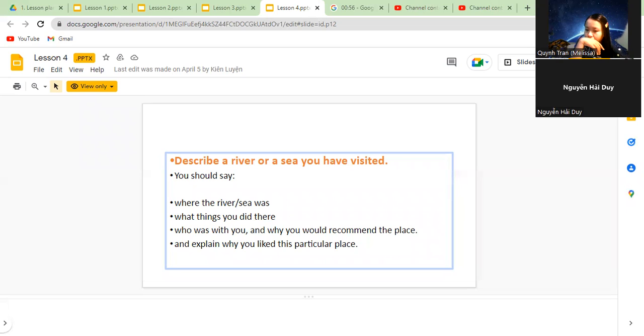I went with my dad's friends and my family, and after the holiday, we felt excited about the beauty of the beach and the price of food.